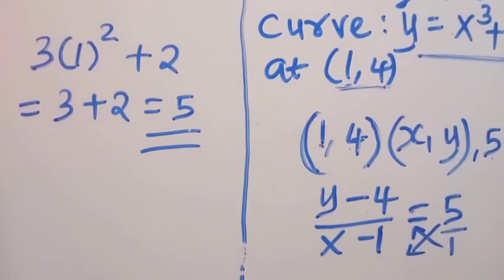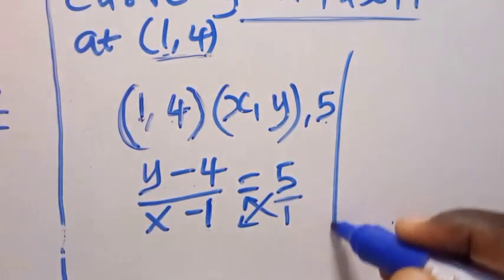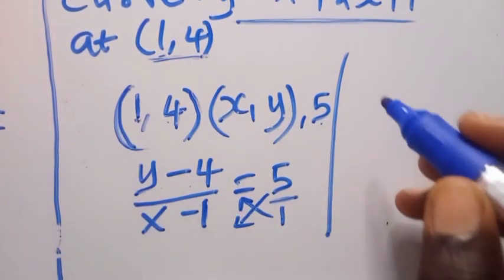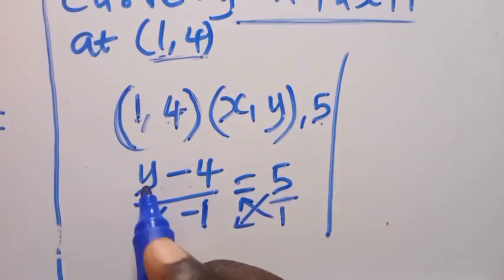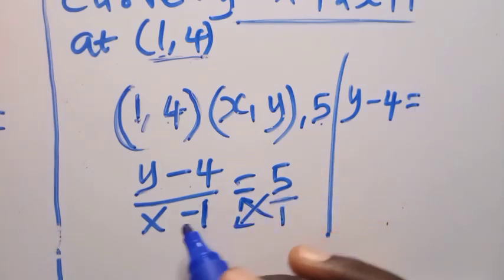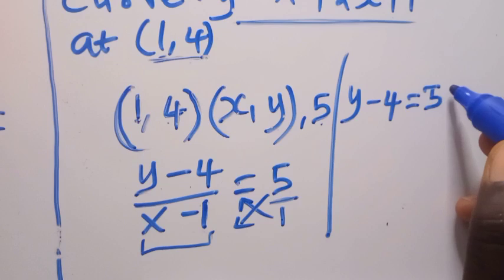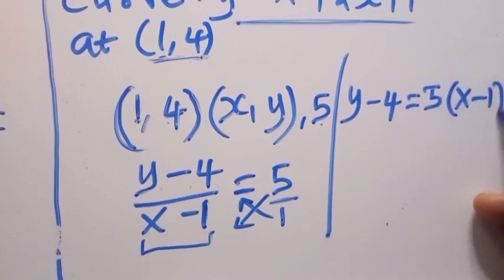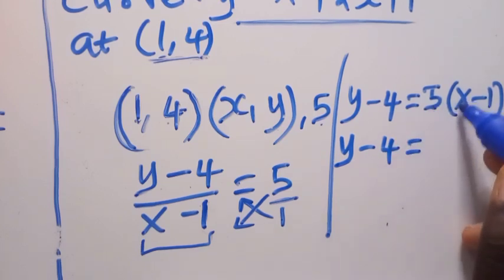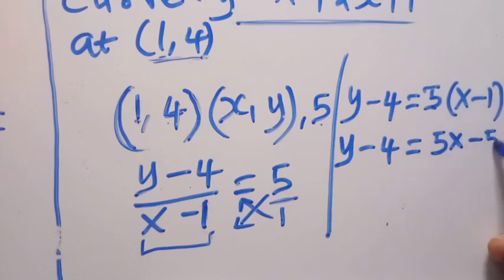Therefore, we multiply the 1 with the numerator, that is 1 times y minus 4, which is just y minus 4, equals 5 times the whole of x minus 1. So y minus 4 equals 5 times x, which is 5x, then 5 times negative 1 is negative 5.